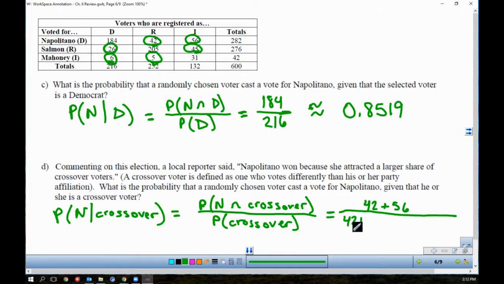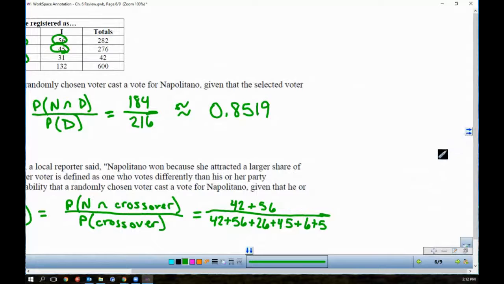So I know 42 and 56 are crossovers, plus 26 plus 45 plus 6 plus 5. So on top I'll have 98. On the bottom, let's see, what is that? That's 50.